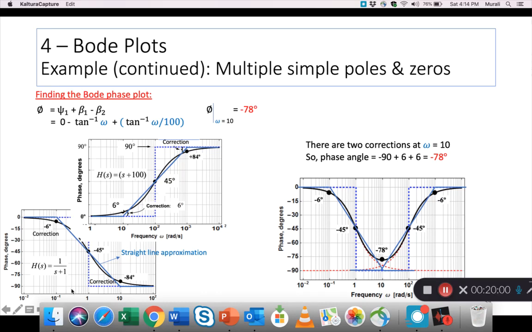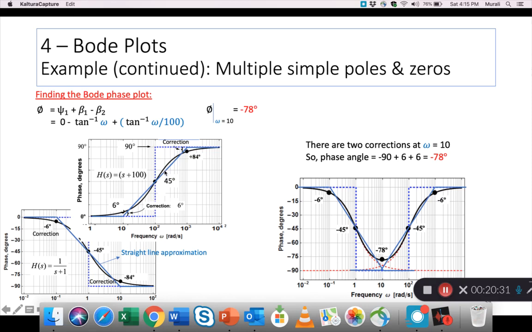So look at how the pole is being handled first. Okay, if you go look at the summaries and what we have done already previously, the rule for plotting the phase angle plot for a pole is the following. Again, pick the corner frequency, right? In this case, that's 1. So at 1, you will have a minus 45 degrees.